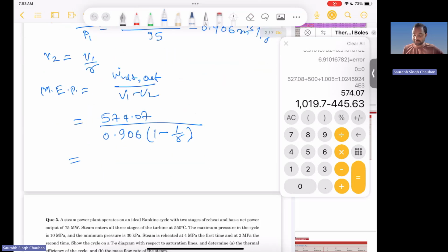Okay, so you can just substitute the values. 574.07 divided by 0.906 times (1 minus 1 by 16). It will be in the kilopascal.